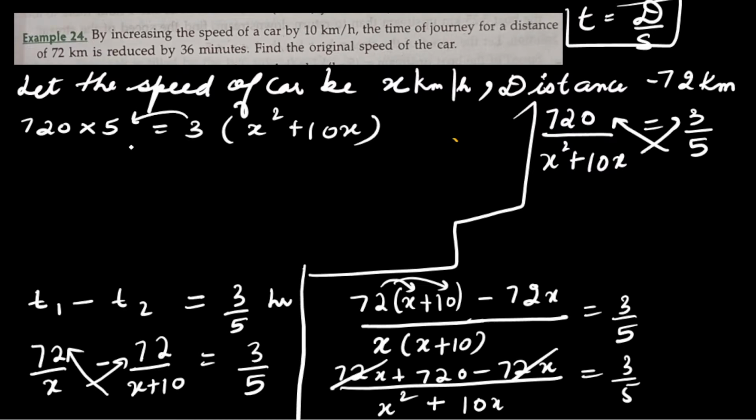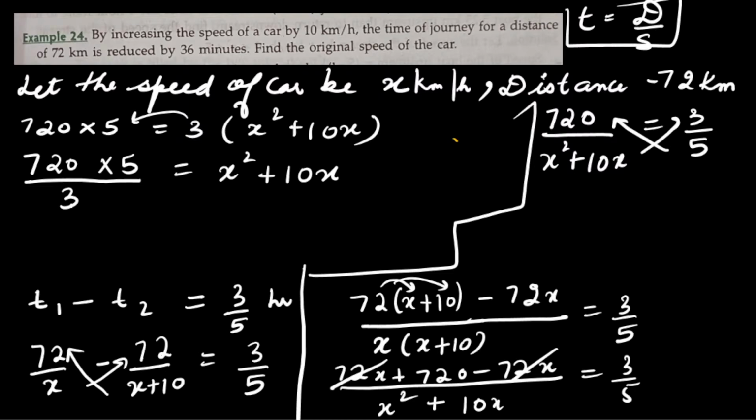Let's shift this 3 to this side because the numbers are very big. If any cancellation is possible, let's do that. So 720 into 5 divided by 3 is equal to x square plus 10x.